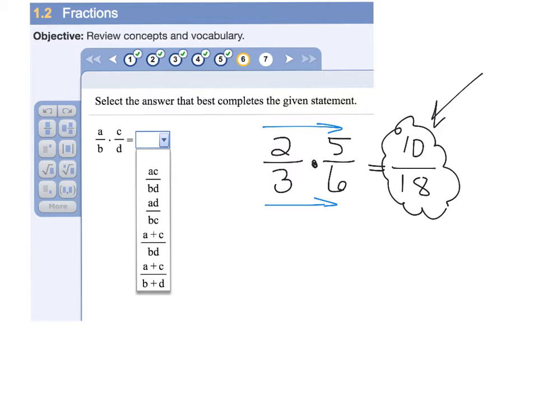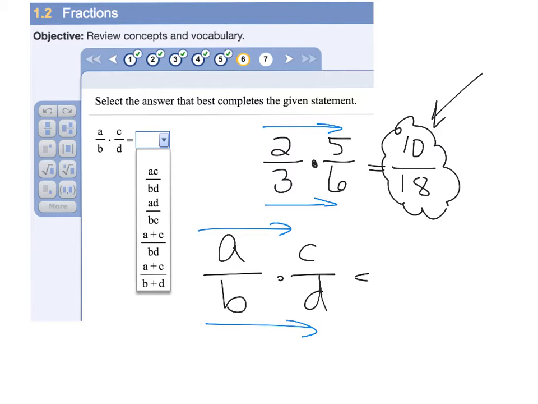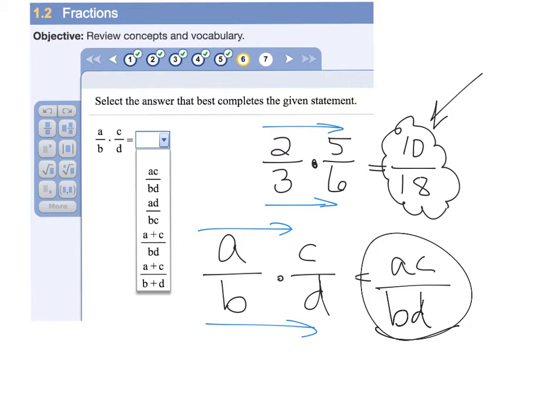Yes, we can reduce, but we're going to ignore that for a second. So what are you going to do if you're going to multiply a over b times c over d? Well, you just multiply straight across. a times c becomes ac, and b times d becomes bd, and there is your answer, and so ac over bd is right here.